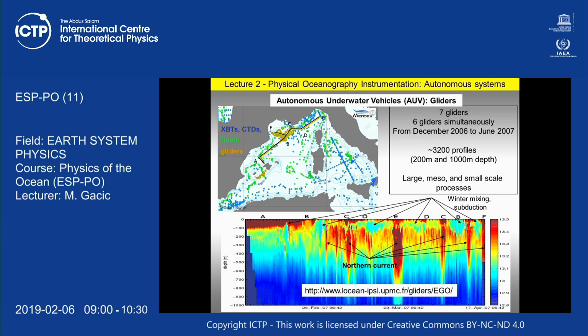Large scale processes in the Mediterranean are on the order of 800 to 1,000 kilometers, the mesoscale is on the order of 50 to 100 kilometers, while small scale processes, which are sub-mesoscale, are on the order of a kilometer or 10 kilometers. So you can resolve all the wave number spectrum of these measurements by using gliders.